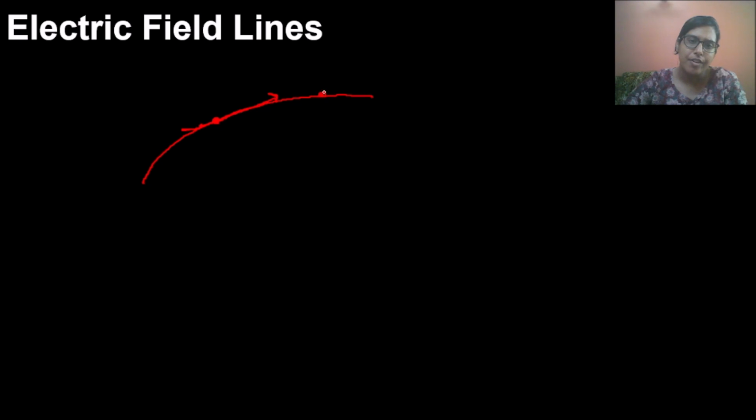If we draw a tangent here, the electric field direction will be in this direction. If we draw a tangent at some other point on this curve, then the electric field direction will be like this, in the direction of the tangent.